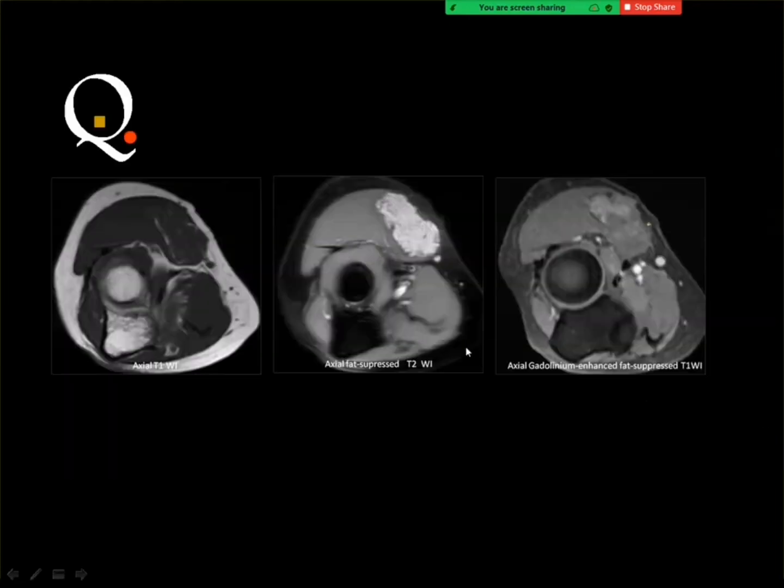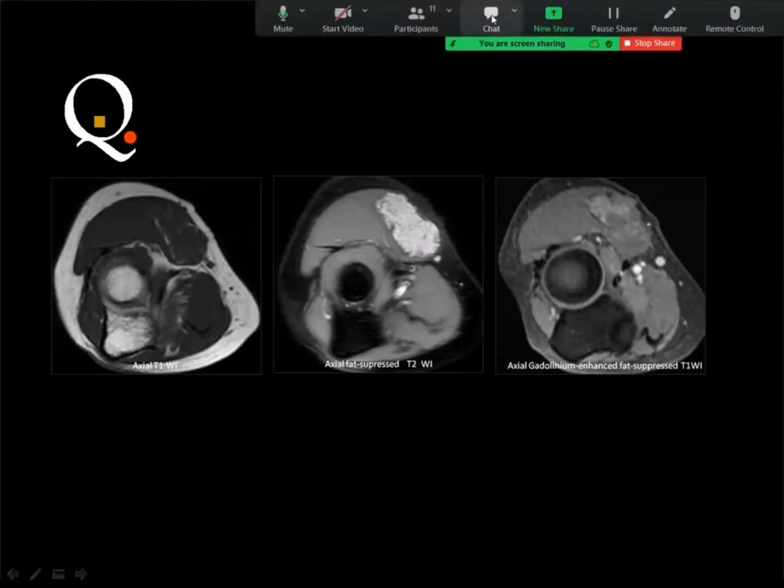And this is the MRI of the elbow joint, and you can see a lesion along the anterior aspect of the elbow joint. This is in the T1 and this is in the T2 fat set, and this is post contrast with fat suppression.